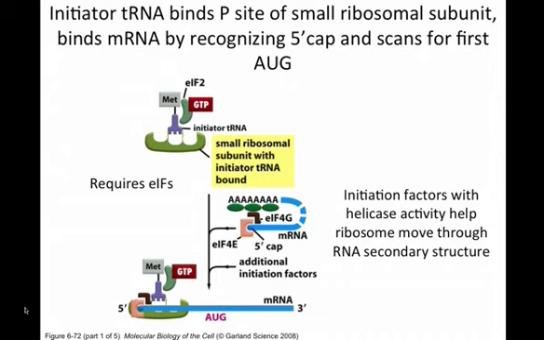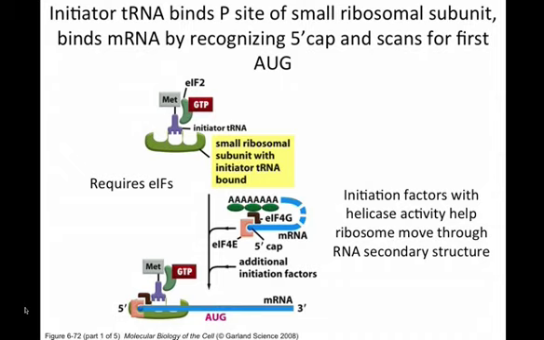So this requires the eIFs, the eukaryotic initiation factors. The initiation factors help with helicase activity. Why do we need helicase activity? Because remember, RNAs like to have secondary structure, and the ribosome needs to move through that RNA secondary structure. So you get eIF2, you get eIF4E.